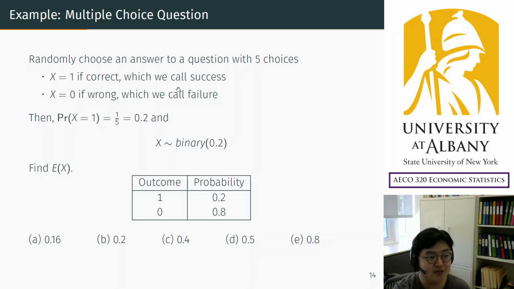So think about your quiz. In a quiz, there is a multiple choice question, and simply I'll assume that there are 5 choices, and you randomly choose one of them. You choose an answer randomly, and if you choose a correct answer, then you get 1 point.